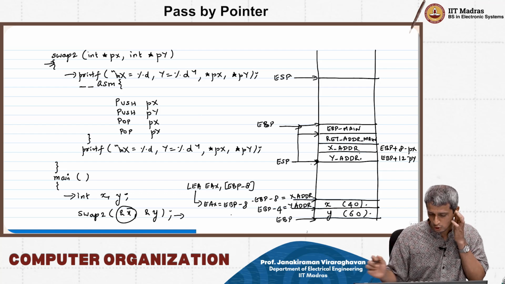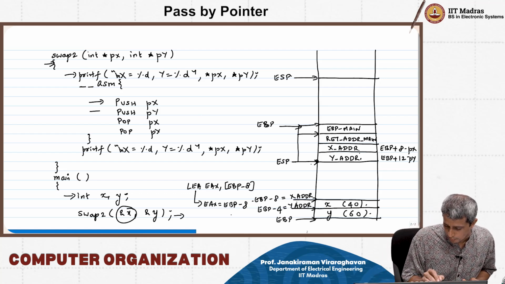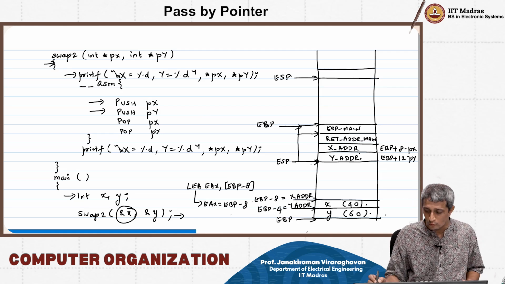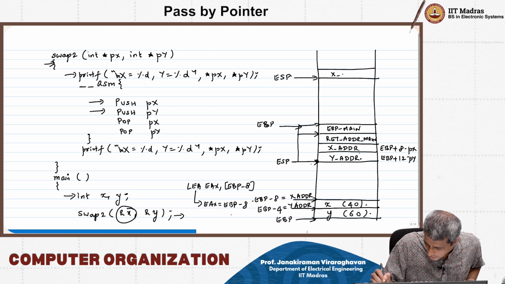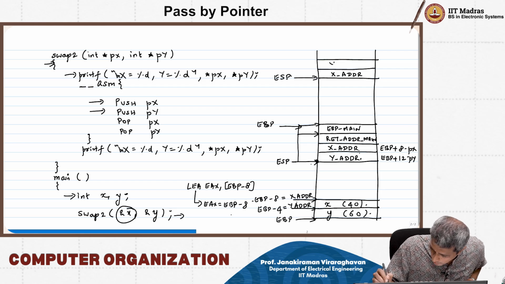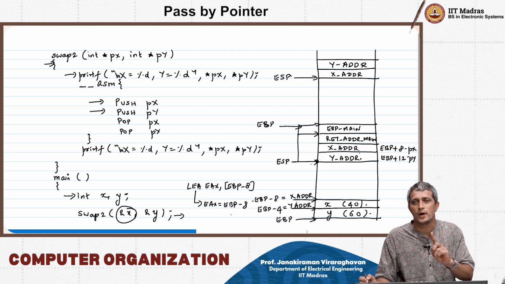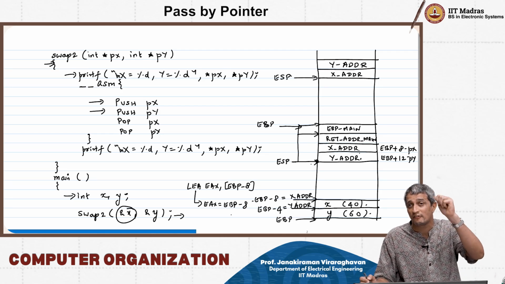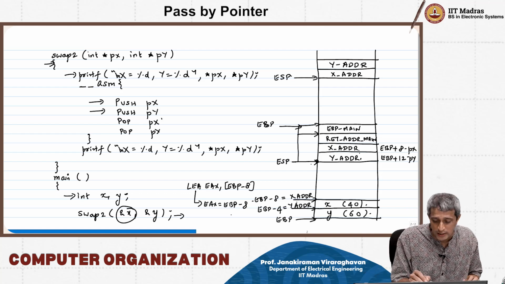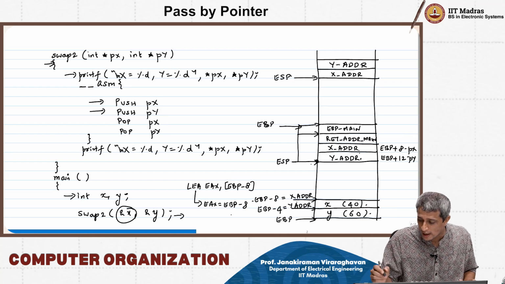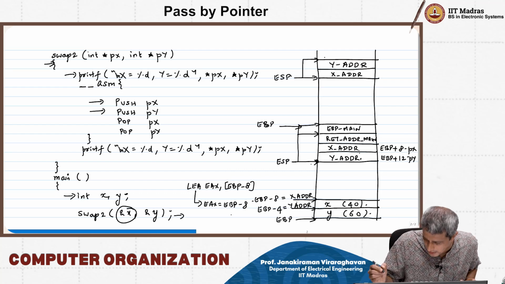So now, when you come here and you push PX and push PY, what is going to happen? On the stack, you will be pushing this X address and you will be pushing this Y address. Now when I do pop PX, pop PY, it will pop the top of stack to the address pointed to by this, which is EBP plus 8, and therefore the Y address gets written.